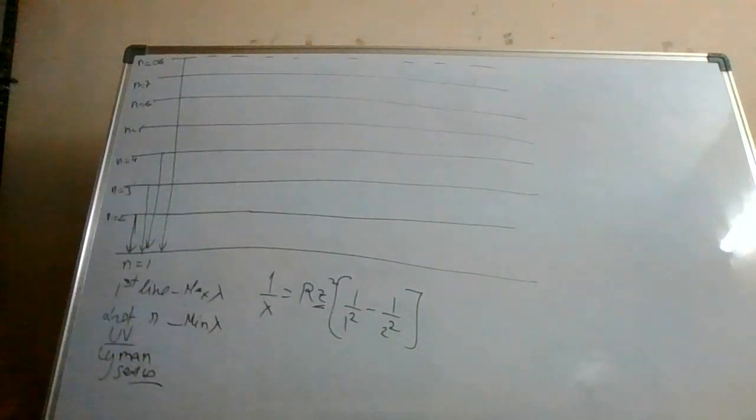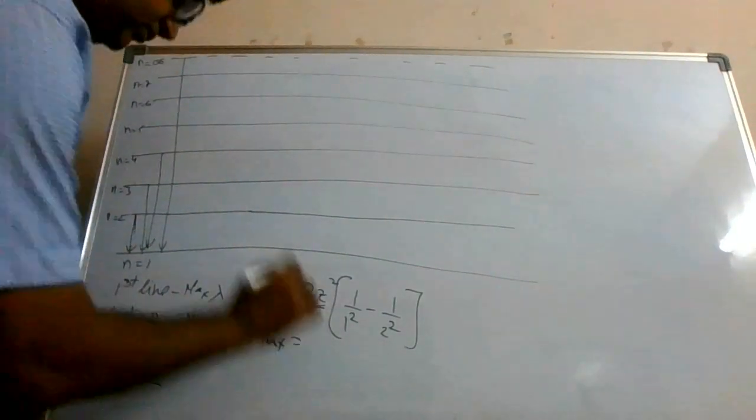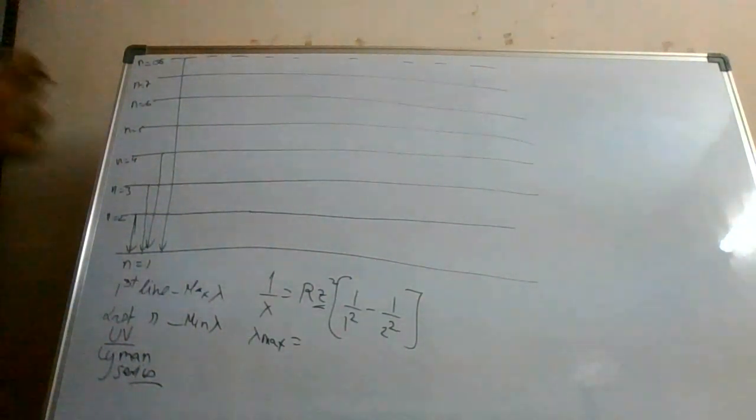They fall under the UV category, they are not visible to the eyes, and you can make the calculation and check that the maximum value is 1212 angstroms.